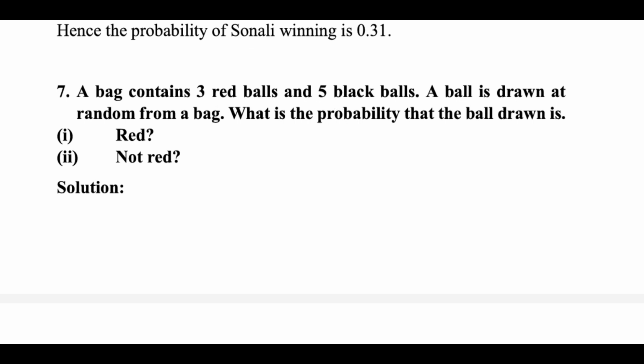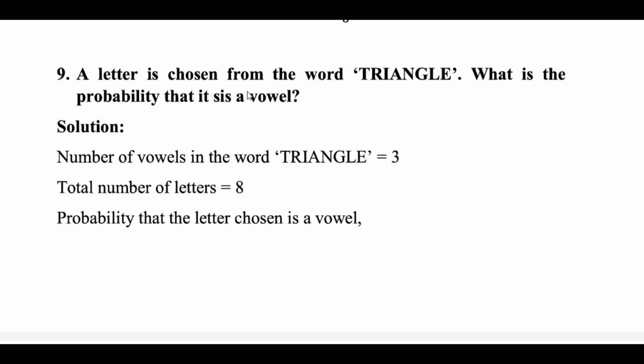A letter is chosen from the word triangle. What is the probability that it's a vowel? So if it's a vowel, then the letter should be A, E, I, O, U. Okay. So A is there, E is there, I is there, O and U are not there.